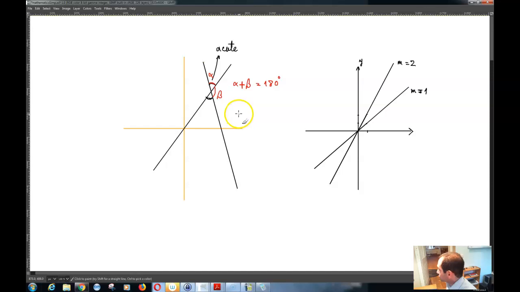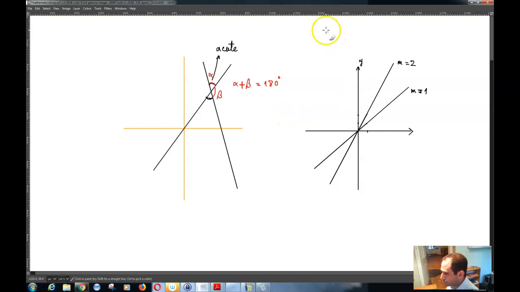Now, the question says that if the tangent of the angle between them is 1/3, find the slope of the lines.